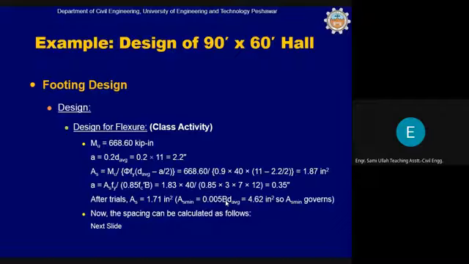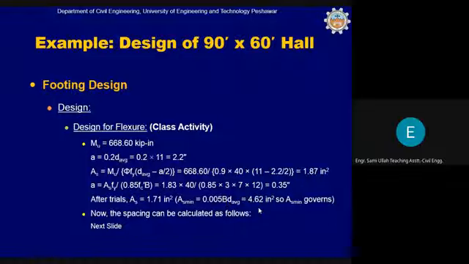The spacing can be calculated as follows. The total area of steel is 4.62. Let's say number 8 bars are used, so 0.86 bars are required. For spacing, there will be a 3-inch cover on this side and 3-inch cover on this side, so the total is 7 feet minus 3 inch minus 3 inch.